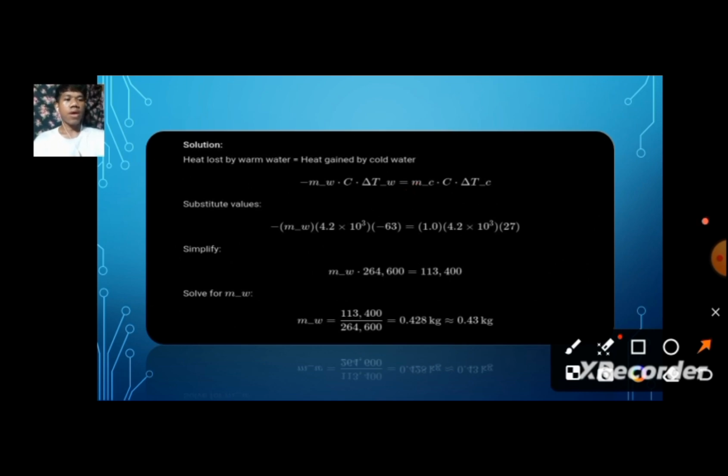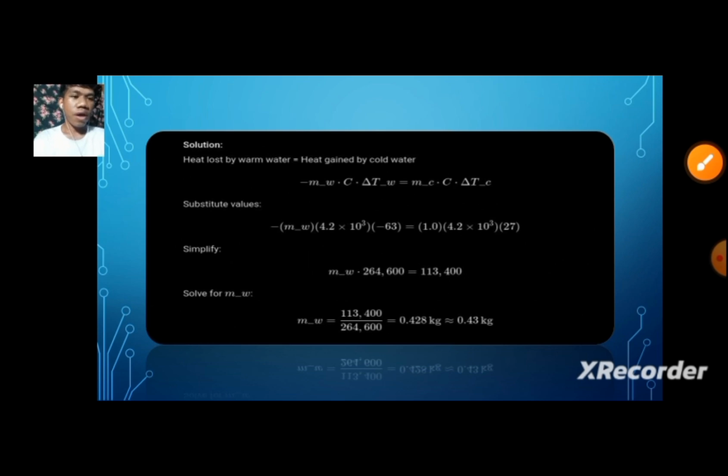Now, as for the other side, we have 1.0 times 4.2 times 10 to the power of 3 times 27, and that is equal to 113,400.